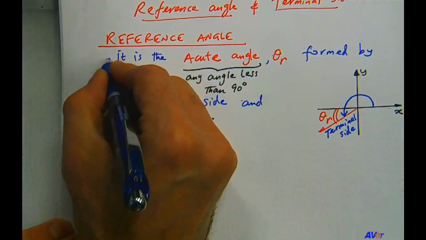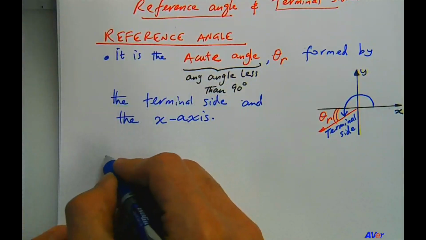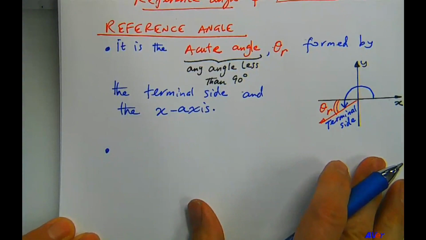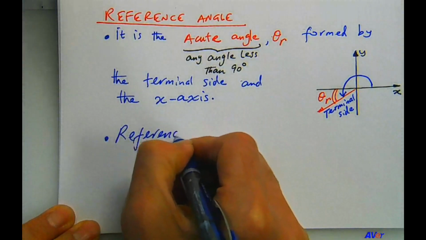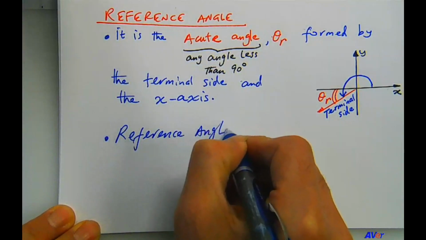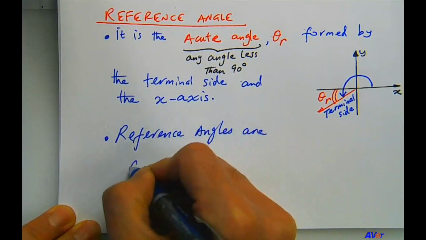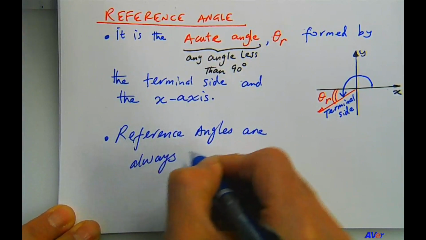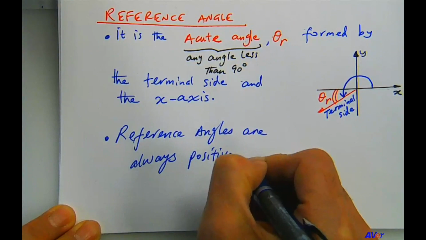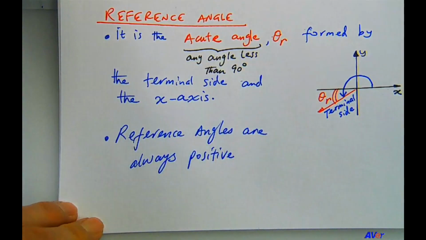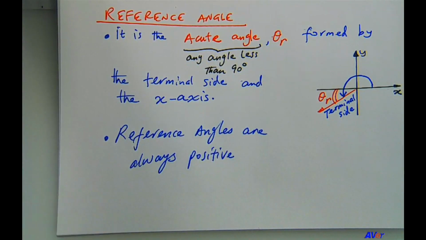So let's write that down. So this is not reference number, which we learned earlier. This is reference angle. And the reference angle is always positive.